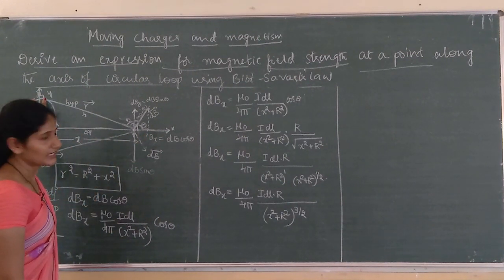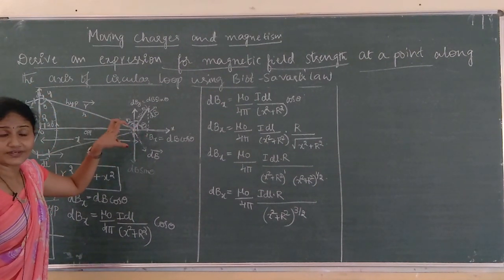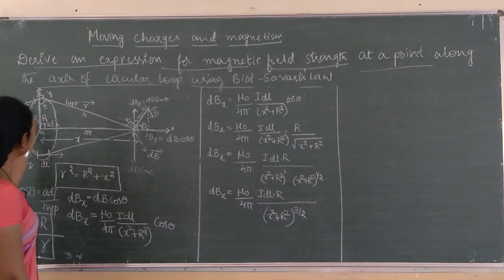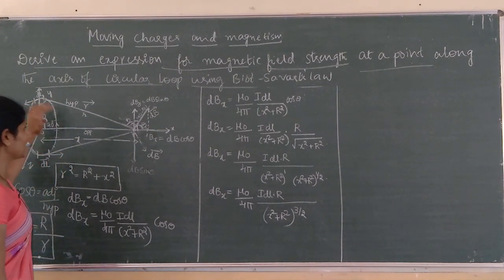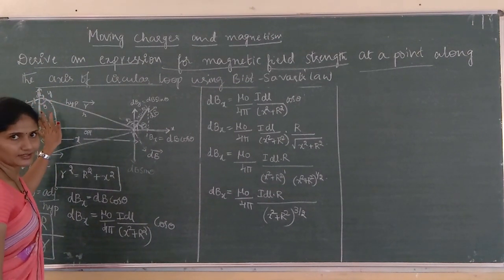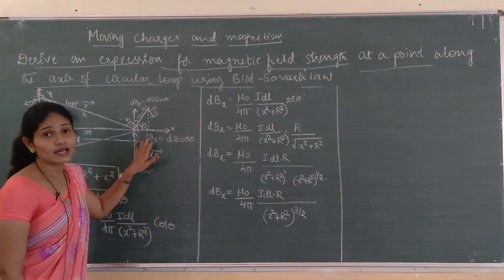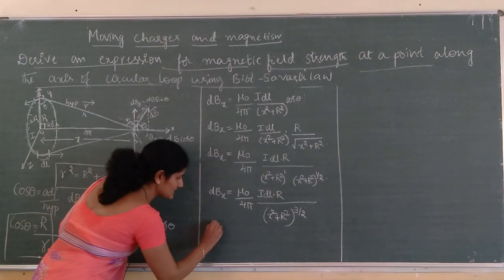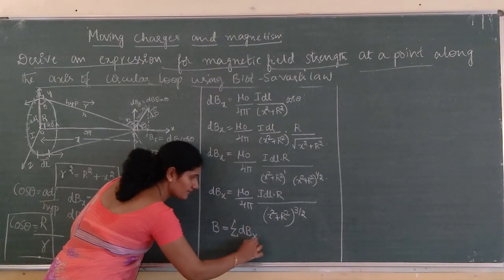If we calculate the total magnetic field at this point due to this whole loop, for that we have to add all the line elements, right? On adding all the line elements, we get the total length, and due to that total length, what is the expression for magnetic field? The total magnetic field is denoted as B, which is equal to summation of dBx.